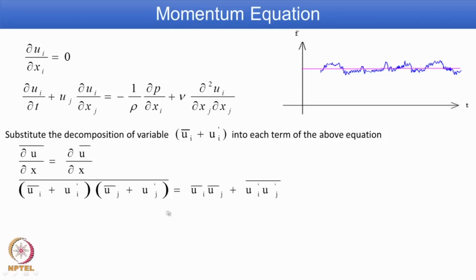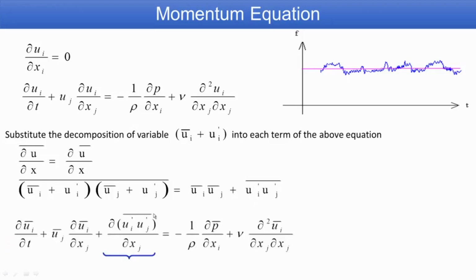Now, we follow some rules, we already listed a few rules based on averaging. After following those rules, we are not going into the details, finally you get a term as shown here on the right hand side. So, ui bar uj bar their product plus ui prime uj prime bar.